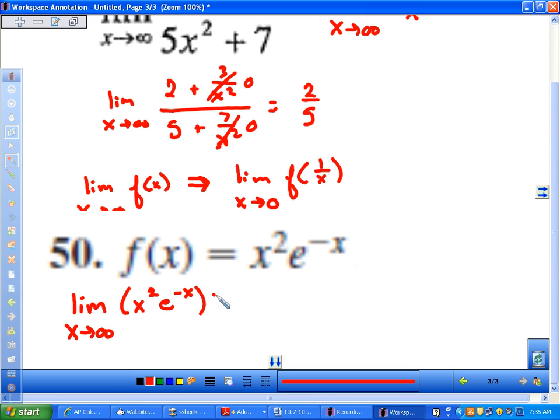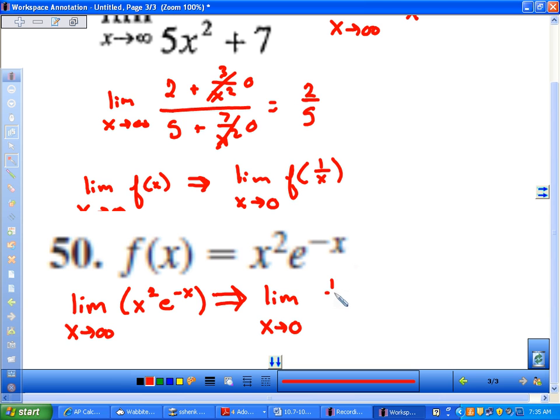So what we can do is look at this as being the limit as x approaches 0 of this, but with our x replaced with 1 over x.